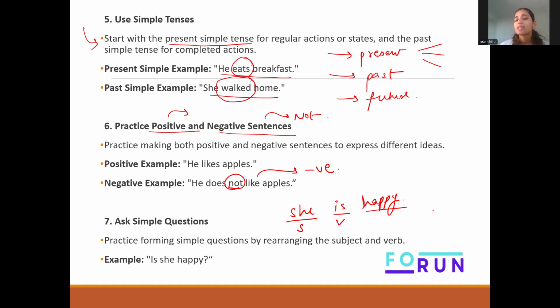So, she is happy. We can always rearrange it. Now, this is a normal, simple sentence. But what if I want to make it into a question? What I'll do is I'll put this verb here and rearrange the sentence: Is she happy? And of course, my tone, and I'll put a question mark.